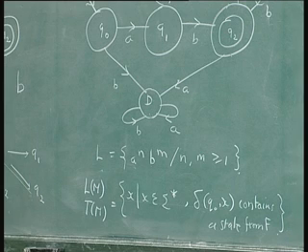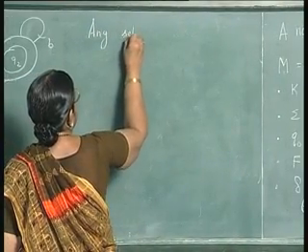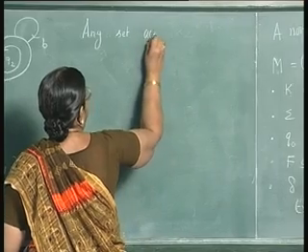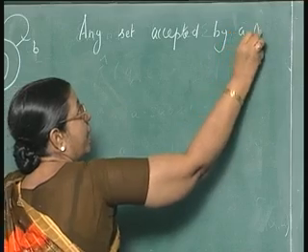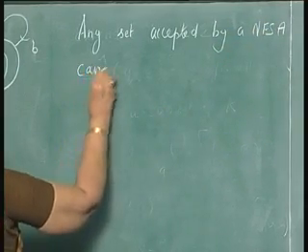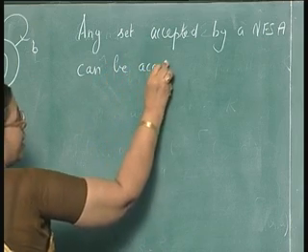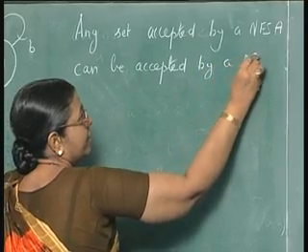Now, let us see how we can go from non-deterministic automaton to deterministic automaton. So, any set accepted by an NFSA, non-deterministic finite state automaton, can be accepted by a deterministic finite state automaton.